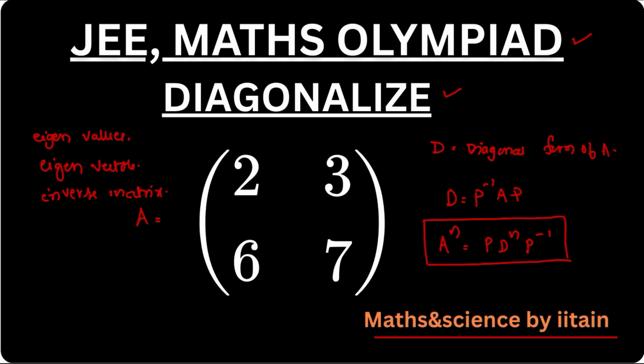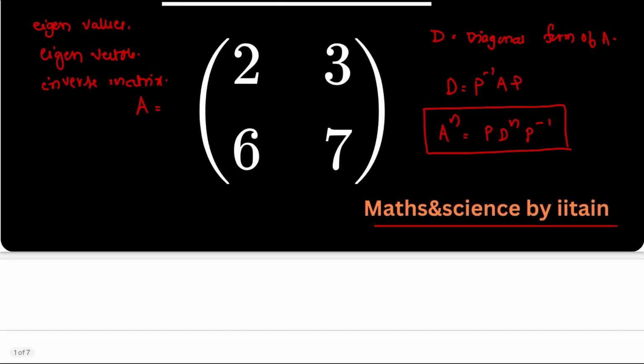Along with this, with this lecture, you will understand the diagonalization of a matrix, and if A to the power of n is to be found, like A to the power of 100, then how it is to be done. Let us dwell into the problem.